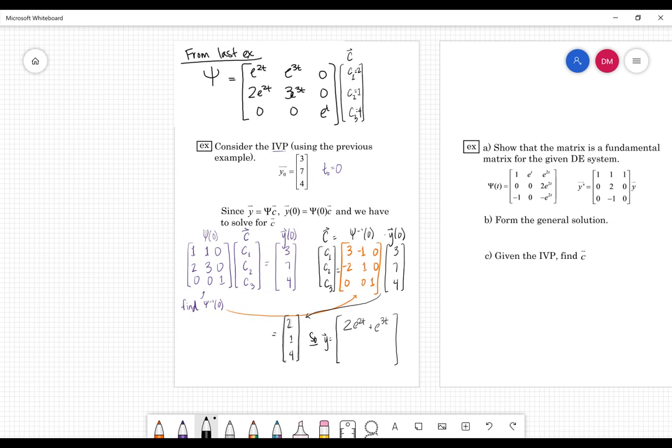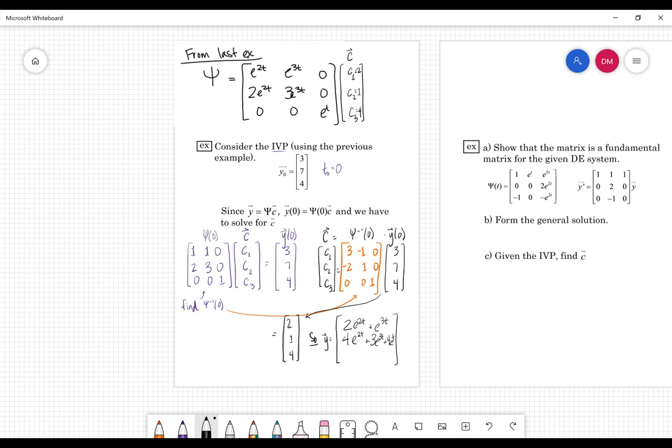All right, for my second element, I'm going to go ahead and get 4e to the 2t plus 3e to the 3t plus 4e to the t. No like terms there, so we don't have to do anything more with that.